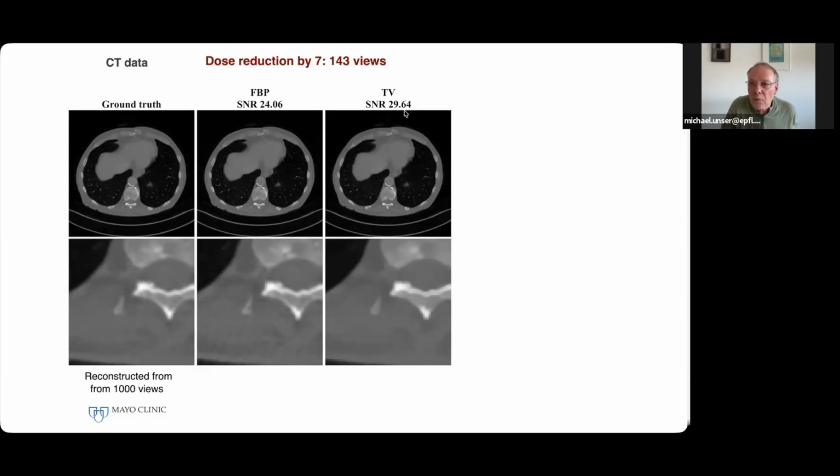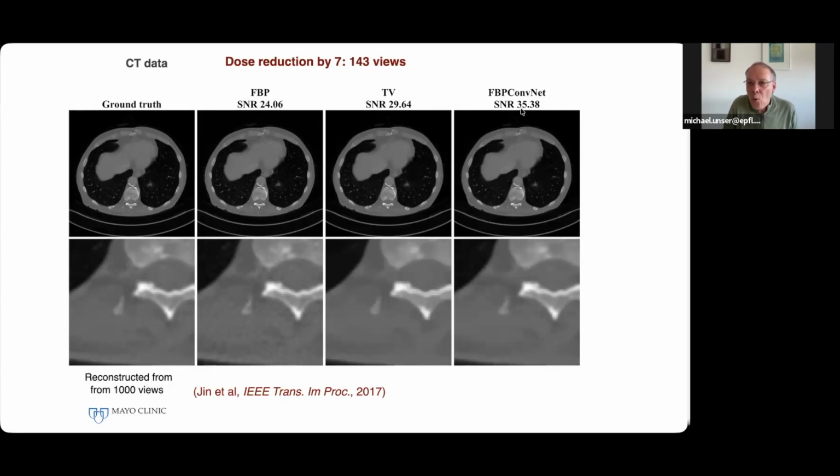But now if you use deep neural networks, wow, there was a jump that was almost equivalent from going from filtered back projection to compressed sensing, and then from compressed sensing to deep neural network. That was really fantastic. We were lucky to be among the first to do that, and this actually earned us a Best Paper Award in IEEE.